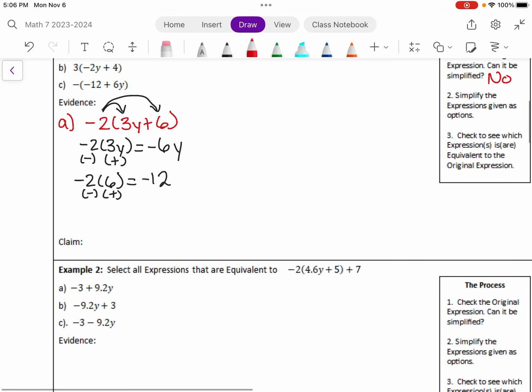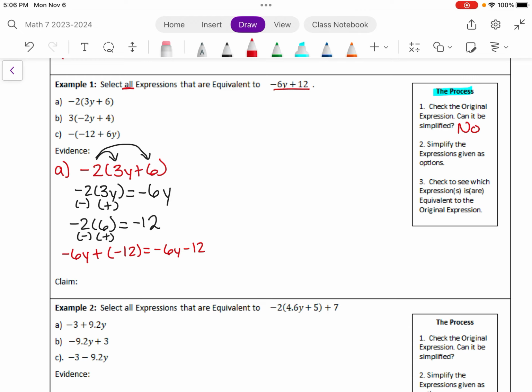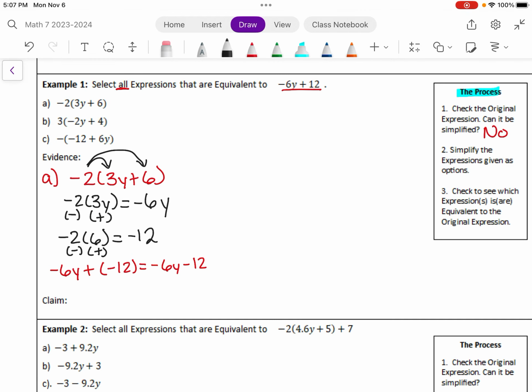Let me put that back together as an expression. I have negative 6y plus negative 12, or negative 6y minus 12. Looking back at my original expression, which let me write it real big, they are not equal to each other because this one has a plus and this one has a minus.